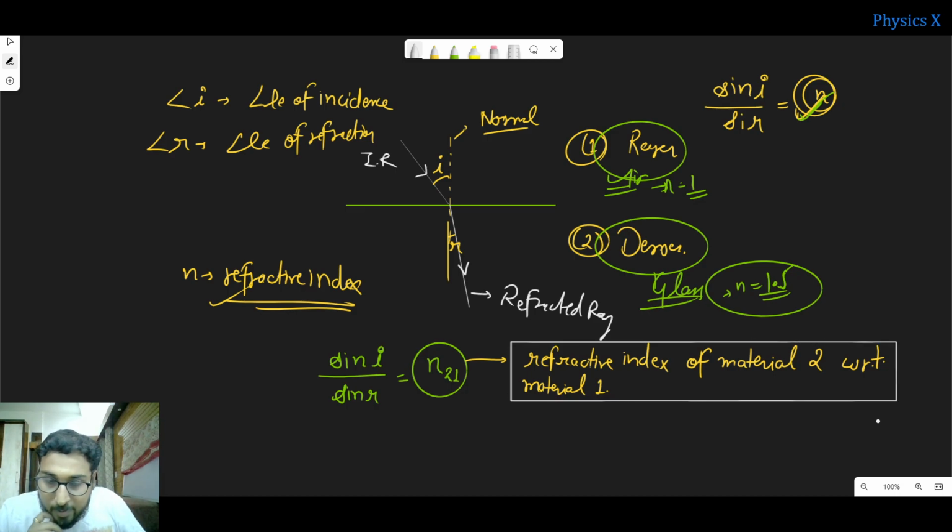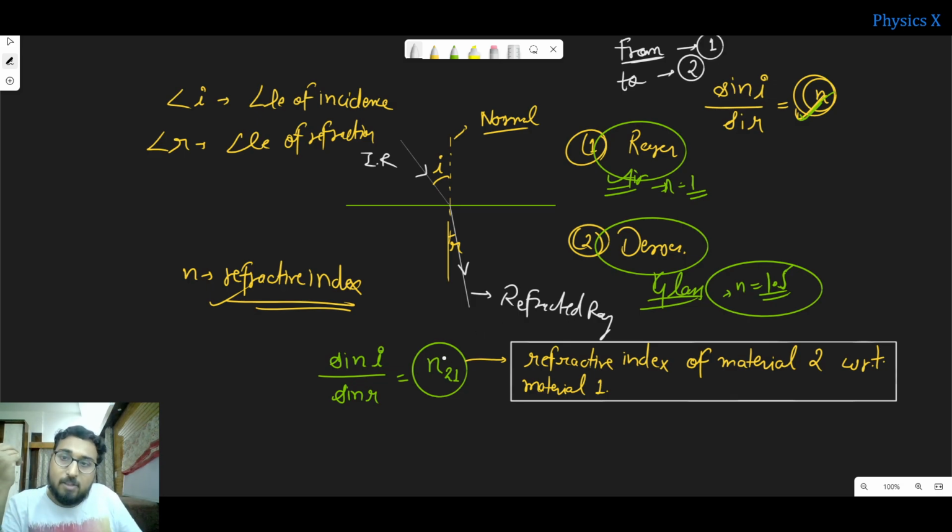Understood? It means that sin I by sin r is nothing but the refractive index of the material in which the light is traveling to, with respect to the material in which the light was traveling from. That is why I told you, traveling from, I take it as 1. Traveling to, I take it as 2. That is how you can remember.